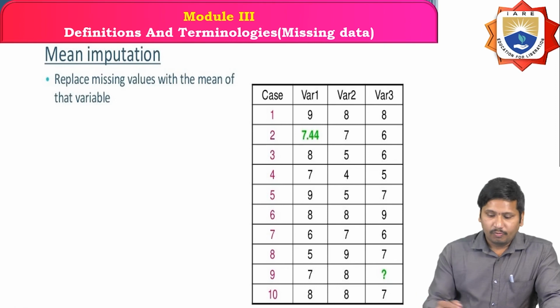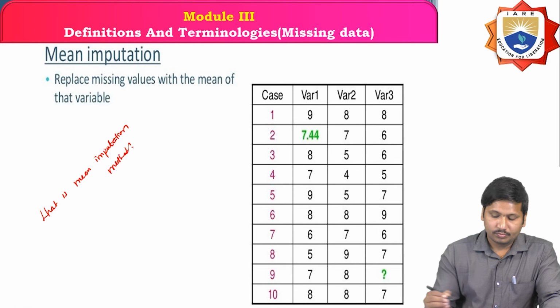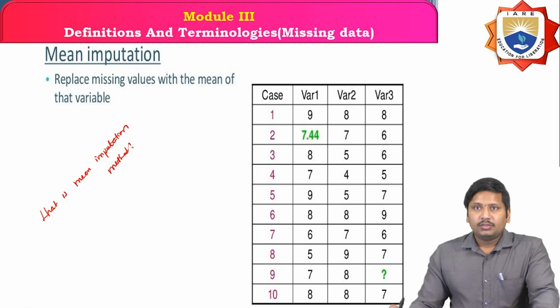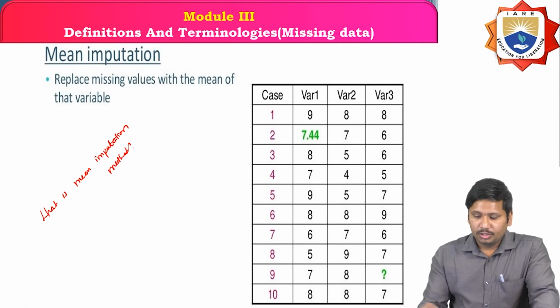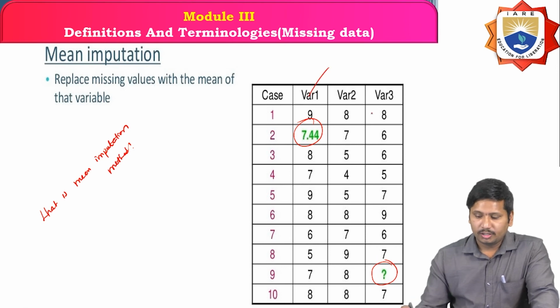Okay, so column deletion is considered a variable deletion method. Another method we have is the mean imputation method. According to this method, the missing values are replaced with the mean of the variable. Suppose the data is missing in variable 1 and in variable 3.